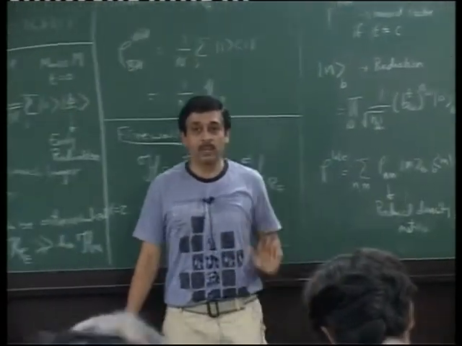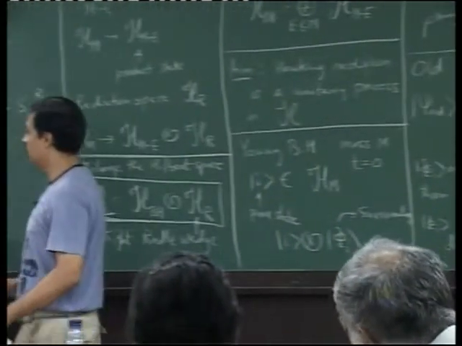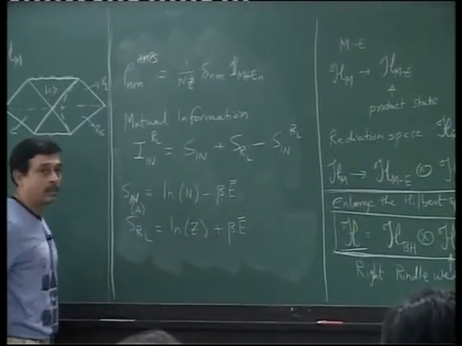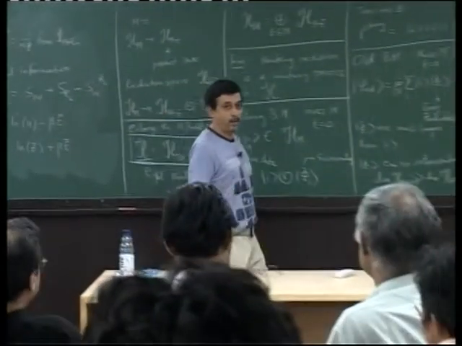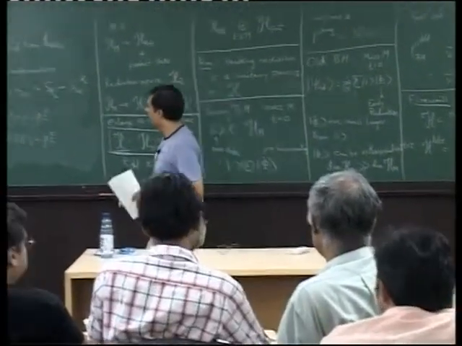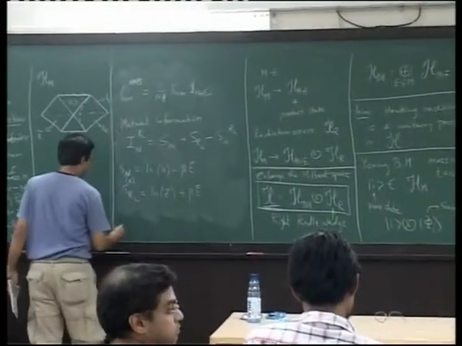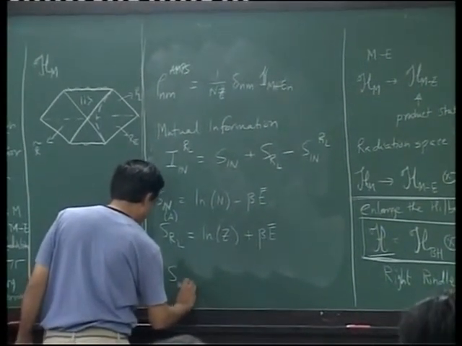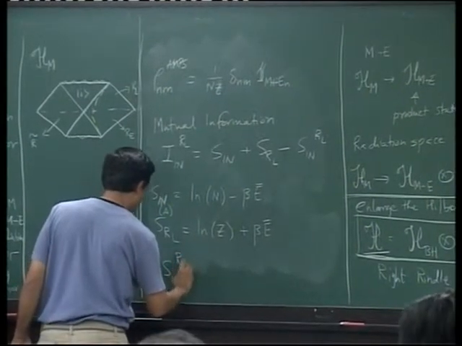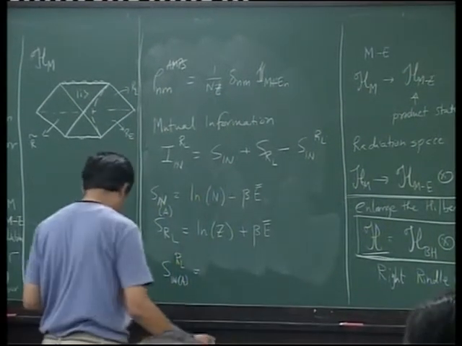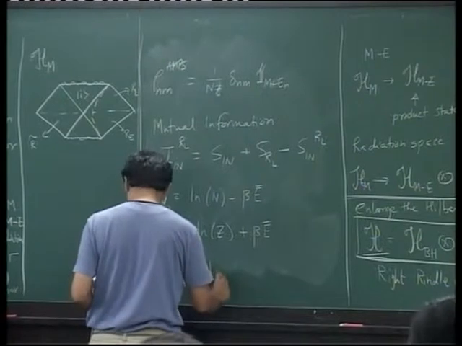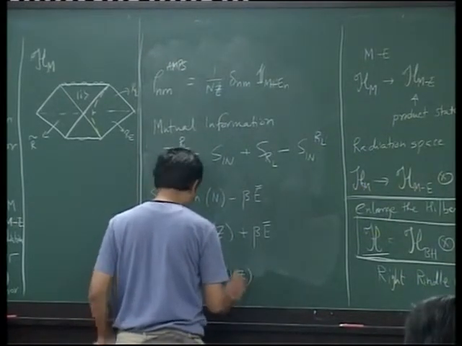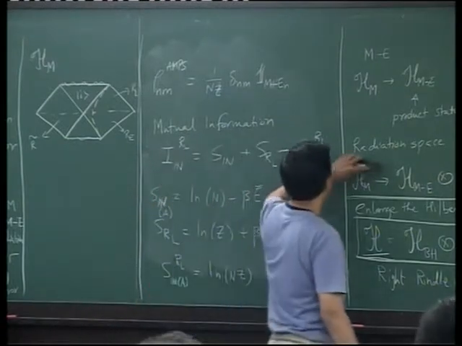If you want to use Verlinde's notation, it is capital A. Then from this you can find out what S of capital A and late radiation is, and that quantity is log of nZ. So you can just plug this in now.